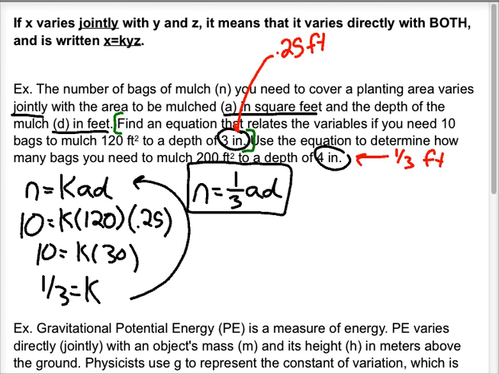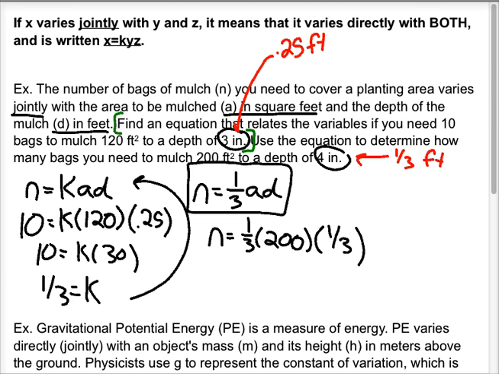Now the second piece, it wants me to use that equation to determine how many bags you need to mulch 200 square feet to a depth of 1/3 foot. So let's plug that in. 200, then 1/3 foot. I type all that into my calculator.